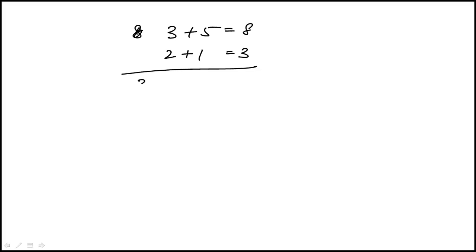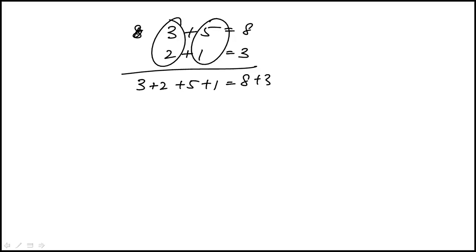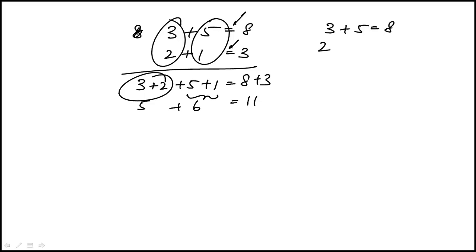If we add these up, 3 plus 2 plus 5, so we're adding each of these terms, you'll see that this still holds true. 5, and this is 6, and that's 11. So you can always add two equations because these quantities are equal, so you're adding the numbers to each other. You can also subtract. 2 plus 1, so you're subtracting each term individually. So this is 1, this is 4, 8 minus 3 is 5, still holds true. So you can always add or subtract.